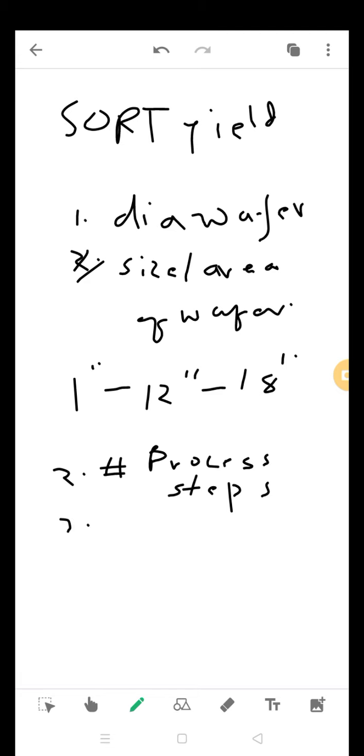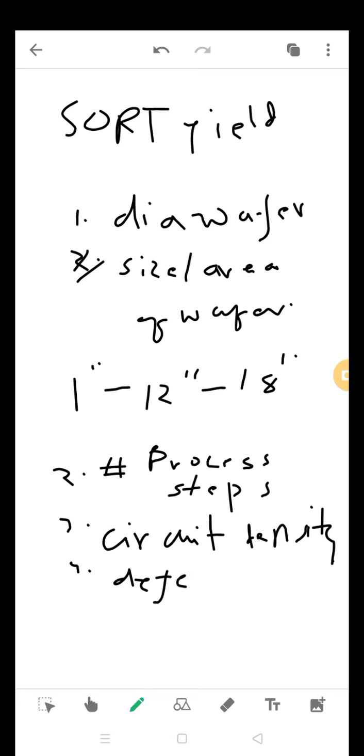There can be circuit density. There can be again defect density. Crystal defects.